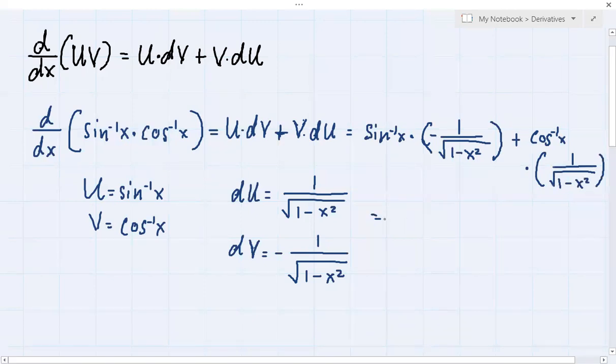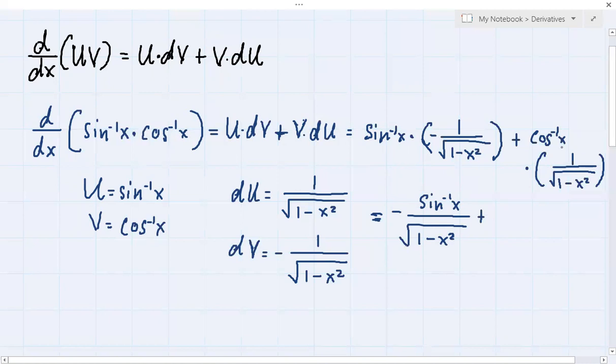So now, let's simplify. Sa first term, multiply natin si arc sine at saka itong naka-parenthesis. So we will have negative arc sine x all over the square root of 1 minus x squared. Alright?